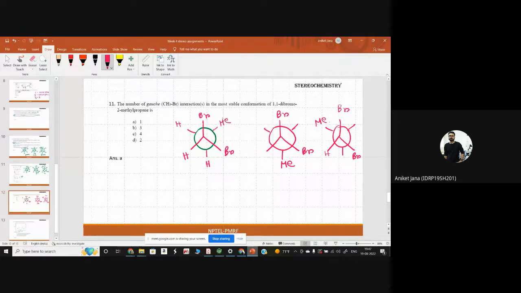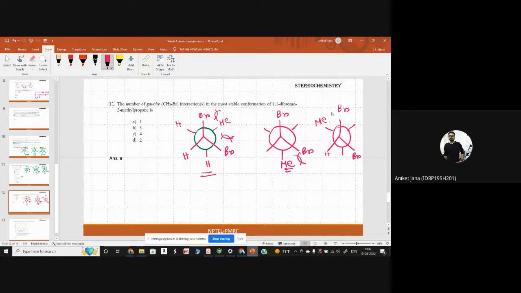So tell me, here how many bromine and methyl interactions are there in the first conformer? Two. One is here and another is here, right? Yes, sir. And in the case of this conformer, how many interactions are possible? Only one.